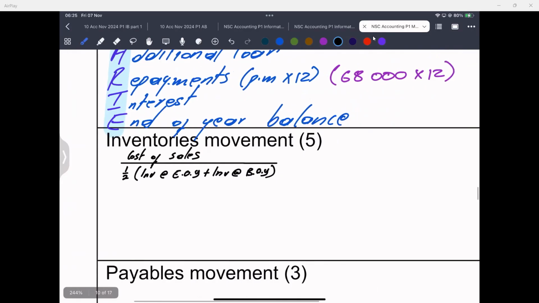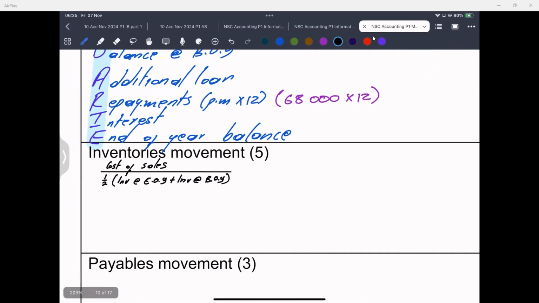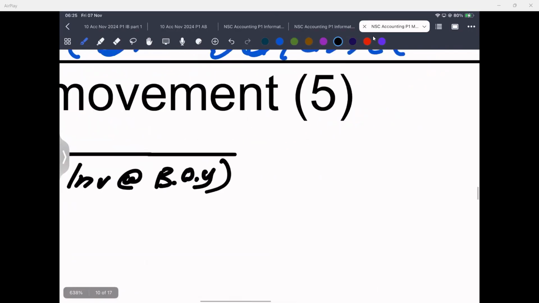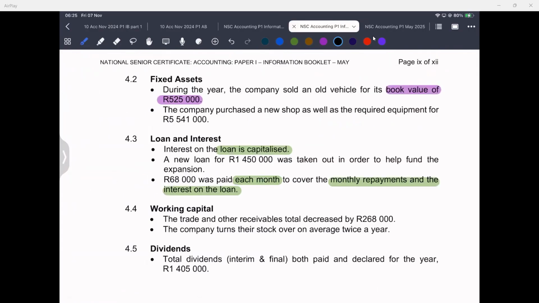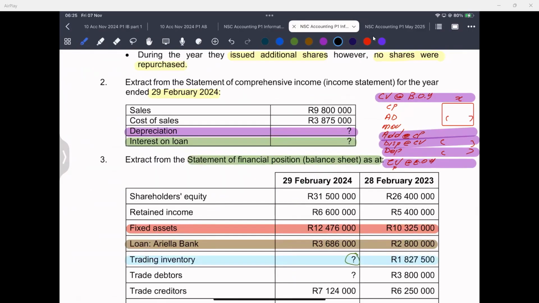And then the answer that you get will be the number of times, which is twice in this case. Let's find these values. Cost of sales is given to us as 3,875,000.